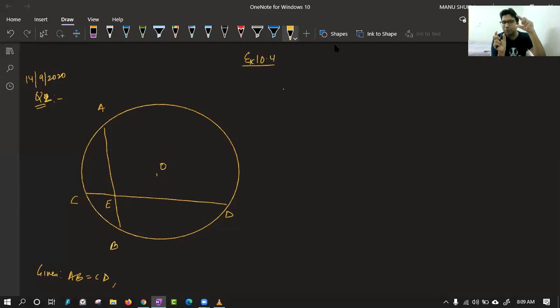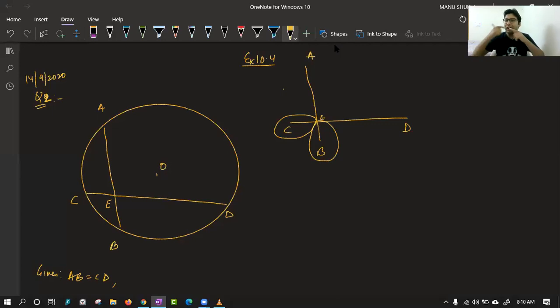Yes, and the smaller ones, that is CE and EB. Let me show you again. If this is the chord AB, this is the chord CD, we have to actually prove this portion CE is equal to EB. We have to prove these two equal, and similarly we have to prove this larger segment is equal to this larger segment.